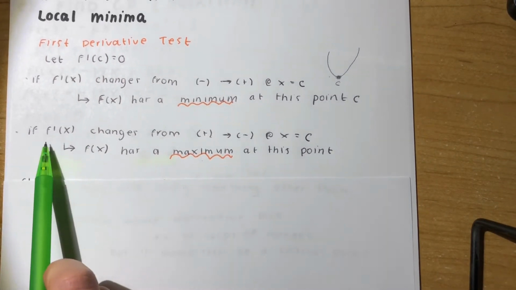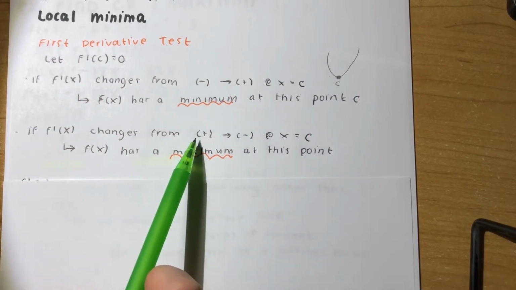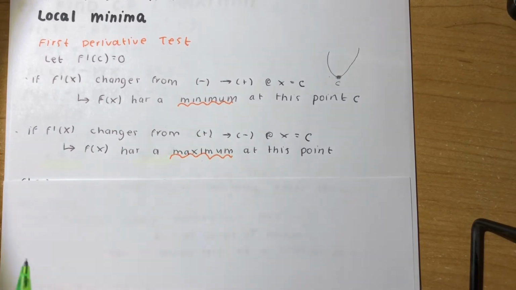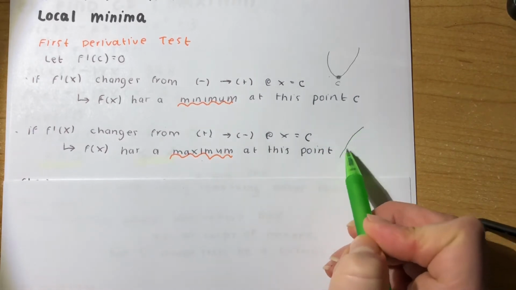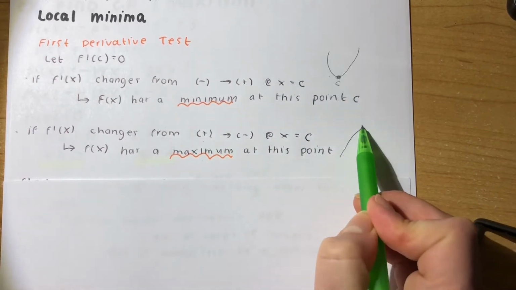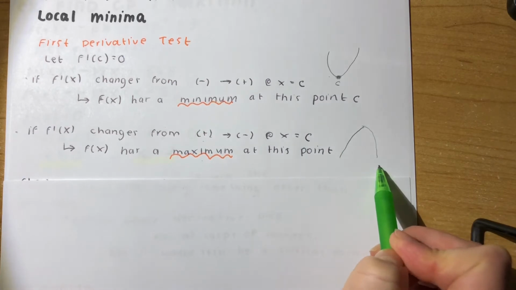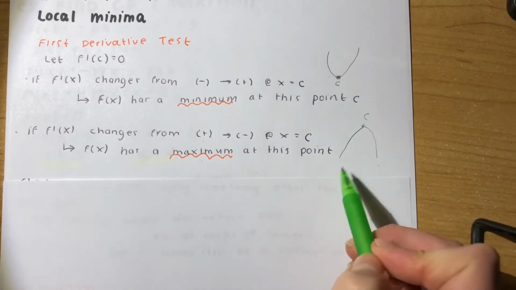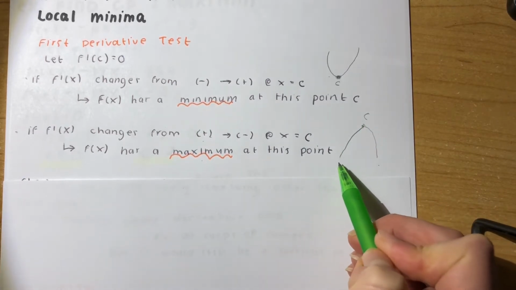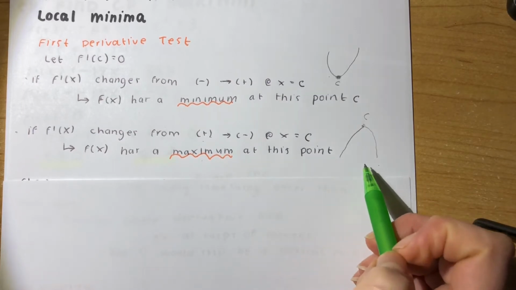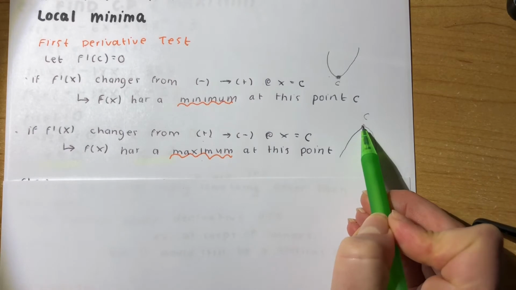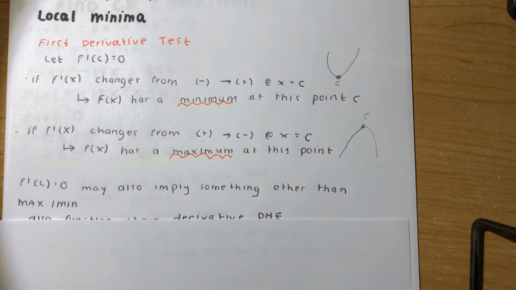So when the derivative changes from positive to negative, that means at a point c, we are increasing, positive, going to negative, decreasing at this point c. And as you can see, as we go from increasing to decreasing, we have a maximum at the point c.